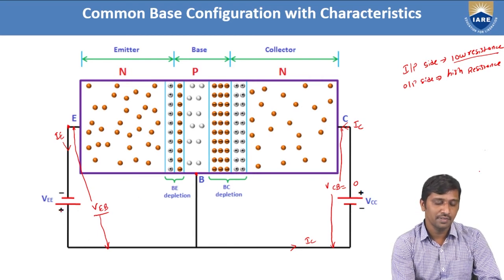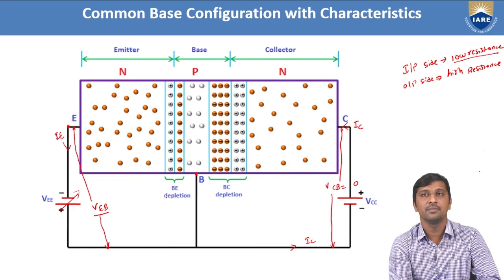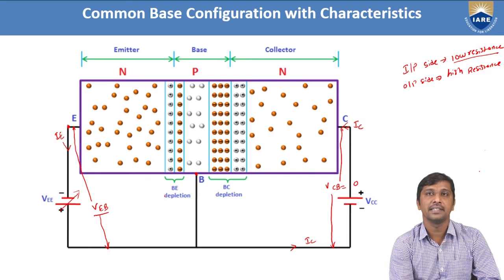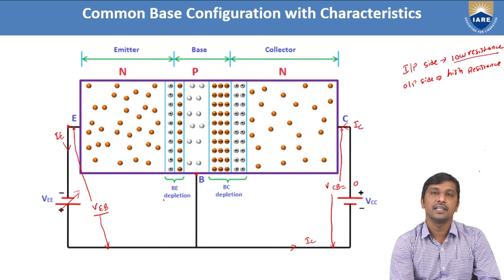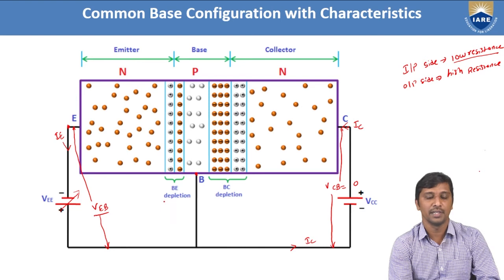Now if you change VEE, the input junction acts as a forward bias, like a normal PN junction diode in forward bias. What happens in a PN junction diode under forward bias? Whenever the applied voltage reaches the cut-in voltage, or is larger than the given cut-in voltage, conduction takes place, meaning the current increases rapidly.